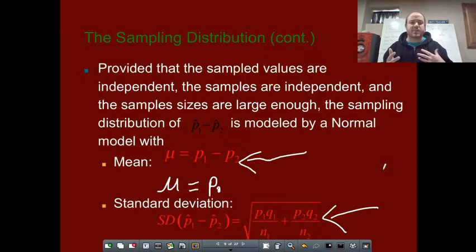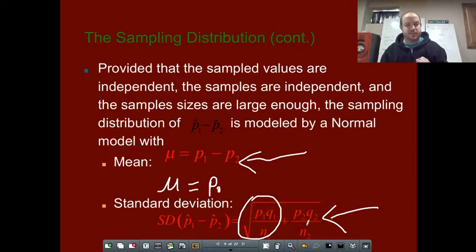So this shouldn't be surprising, but this is going to be the major difference between the two. When we're looking at a two proportion test, our mean and standard deviation is no longer what we used for the one proportion test, where it was just p0 and just one of these by themselves. When we do a two proportion test, it's now going to be the difference between two samples and this whole thing for the standard deviation.